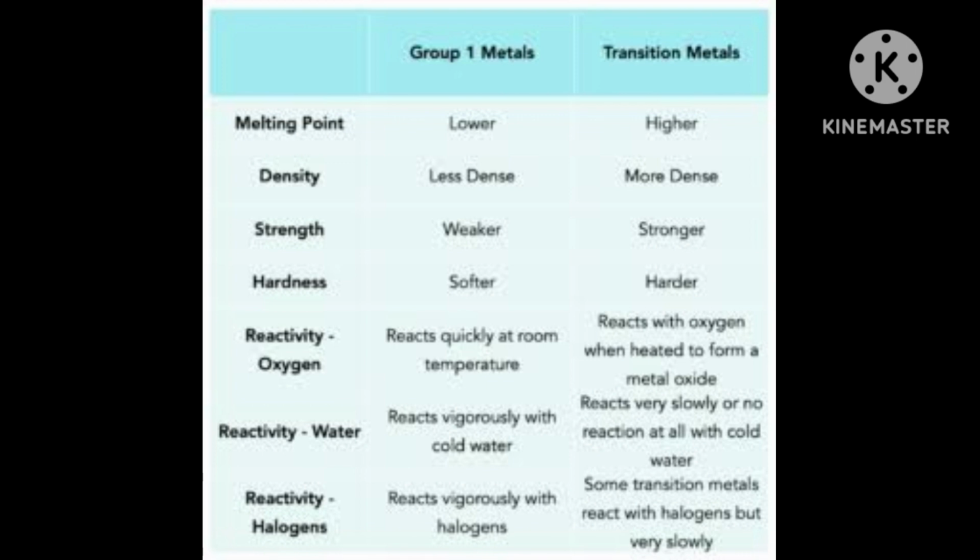Now this is one problem that is asked in examination. I am reading the question. For the first row transition metals, the E value means standard electrode potential, reduction potential.